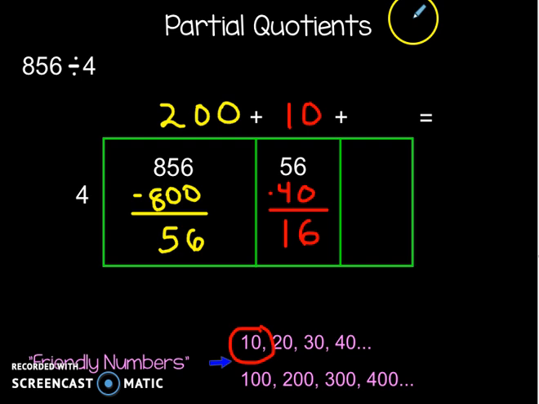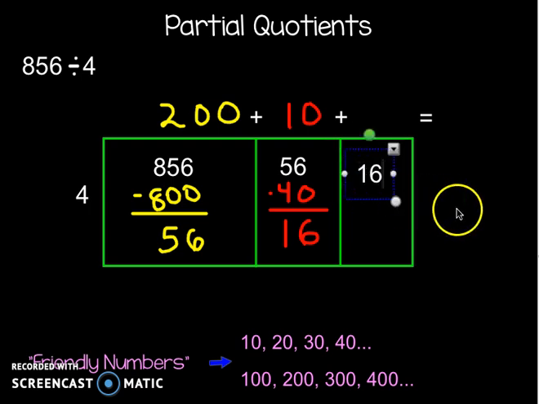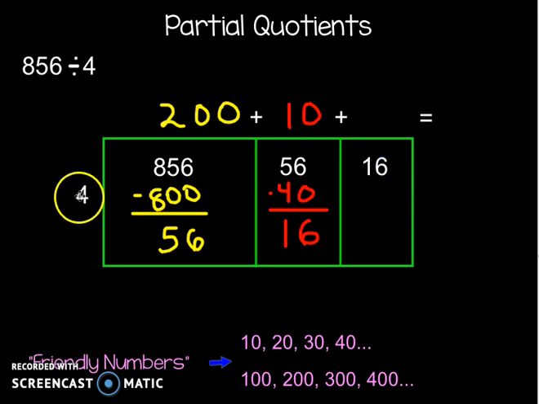So that is good because I'm thinking ahead and I'm thinking that I'm going to be able to make this work out evenly with no leftover. So I've got 16. And I want to keep thinking about friendly numbers to divide into 16 with my 4. 4 times what gets me close to 16?